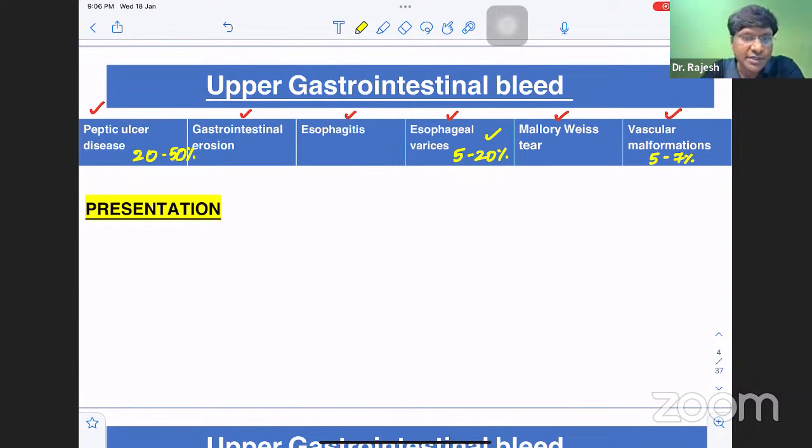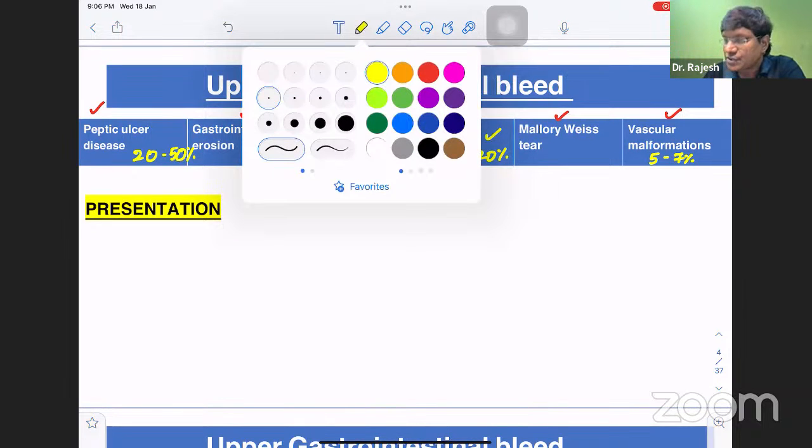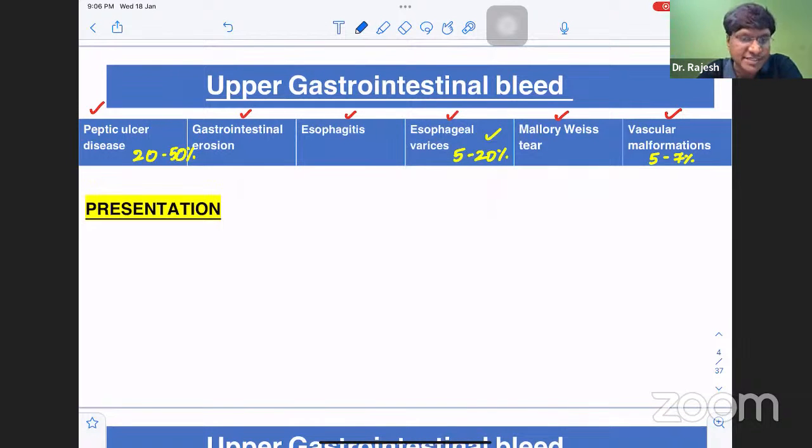Now, what is very important here is the presentation of the upper gastrointestinal bleed. What are the various ways of presentation? One way of presentation is hematemesis. That is the common presentation of the upper gastrointestinal bleed, and it is because of the hematemesis that the patient will present to the emergency department.